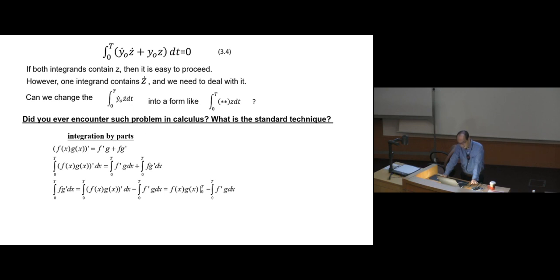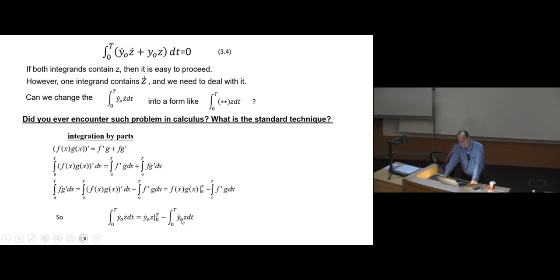Remember, what we want is to change this z dot into z, which means that when we apply this formula, z corresponds to g, and y naught dot corresponds to f. So f times g is y naught dot z, evaluated from 0 to t, minus the integral of f dot.